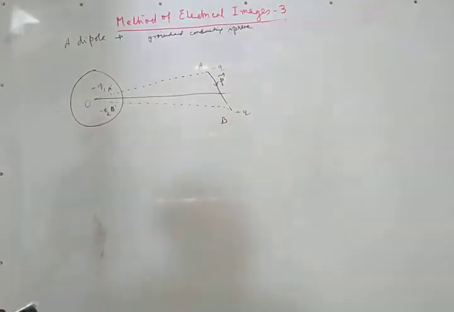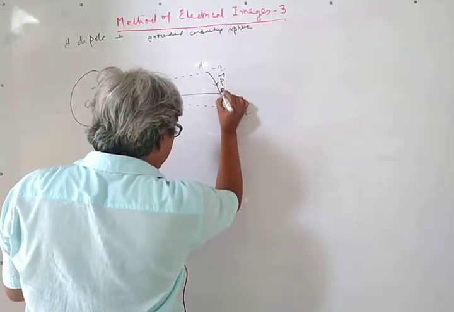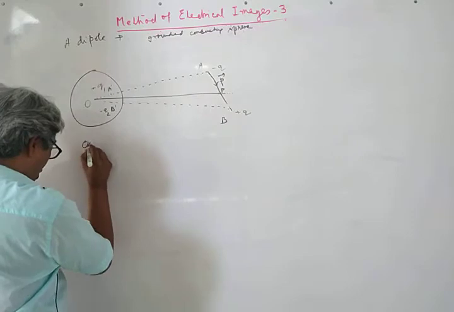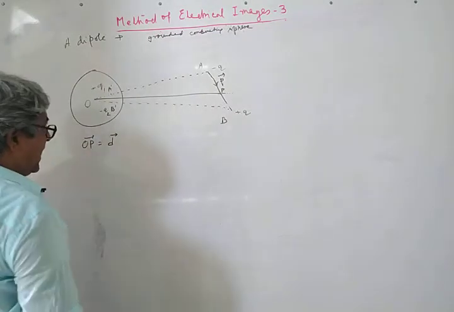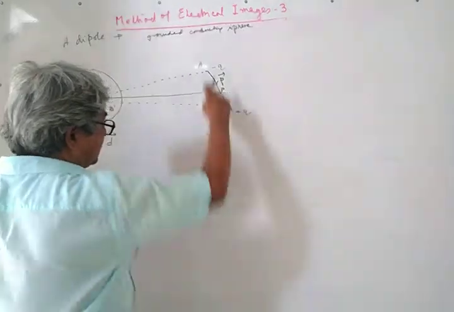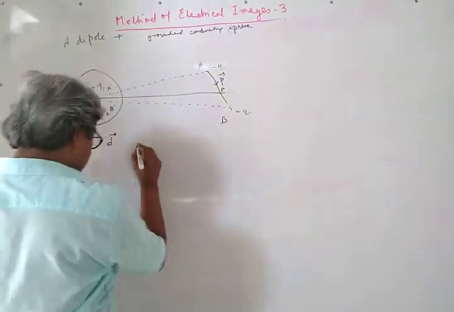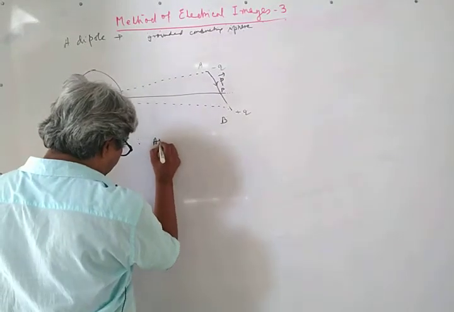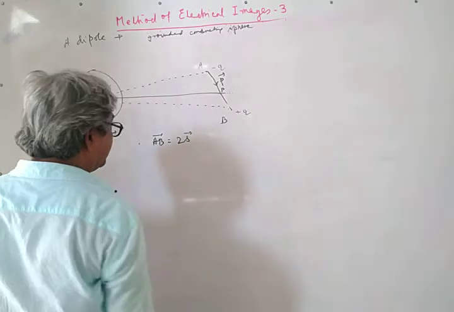Now the thing is to find out what is the value of this. This is the center of the dipole P, so we call OP the vector D, and this is the dipole moment vector. AB is twice S, the notation that we are following.